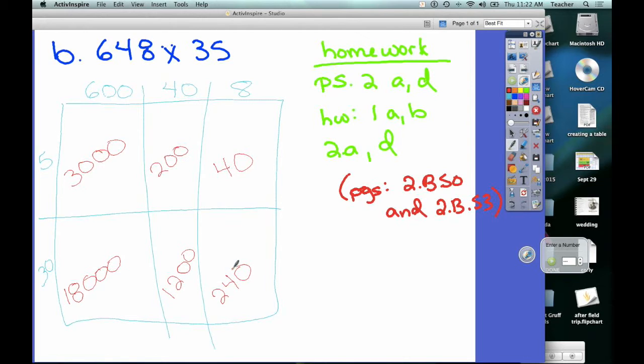I got to add 18,000 plus 3,000. Then 1,200 plus 200 is 1,400. 240 plus 40 is, so now what do I do with those numbers?